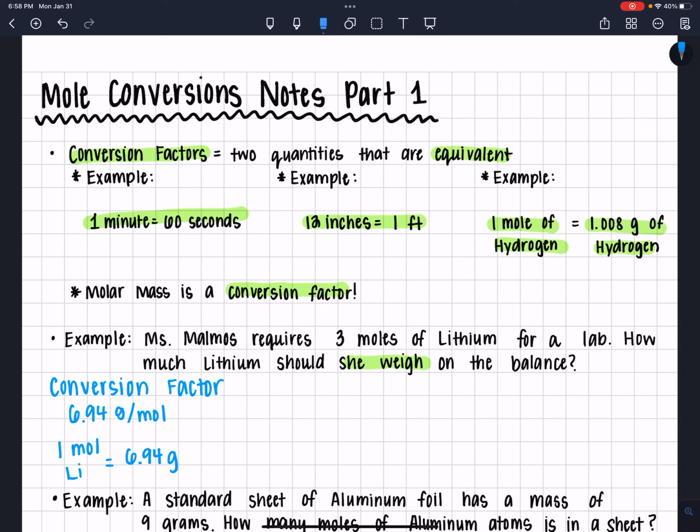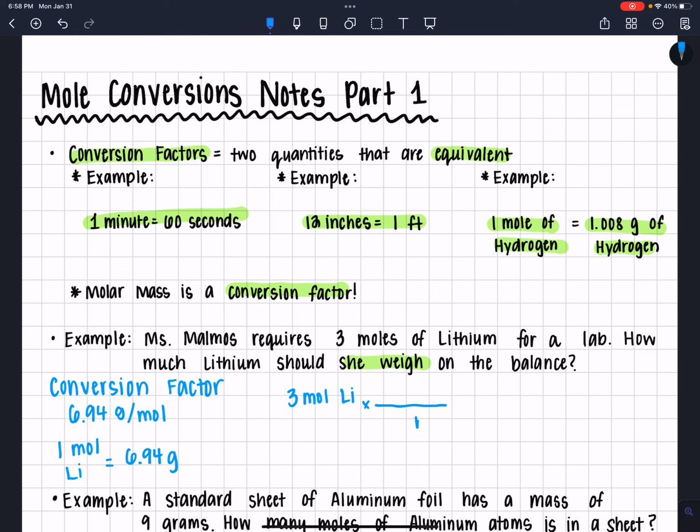Now, I'm going to show you guys how to do this with dimensional analysis so that you've got 2 ways of solving this. You can do it more intuitively, the way we've kind of been problem solving this unit, or if you're not sure where to go, you can always rely on canceling out units. So if I wanted to convert 3 moles of lithium into mass, I would just multiply 3 moles of lithium by a fraction. And my conversion factor is going to help me fill in this fraction.